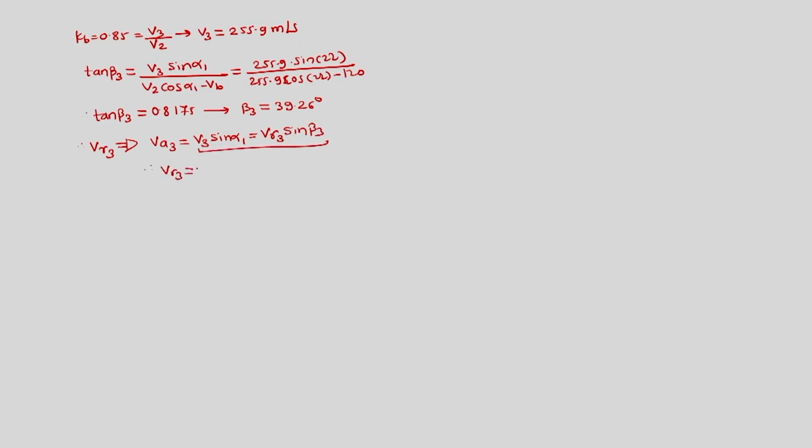VR3 is equal to V3 sin alpha 1 divided by sin beta 3. So we have VR3 equal to 151.46 meters per second.